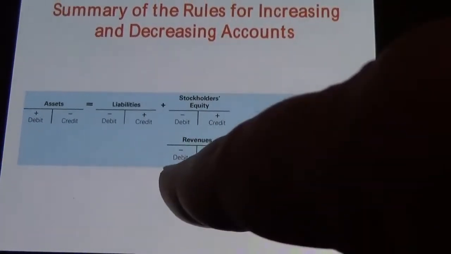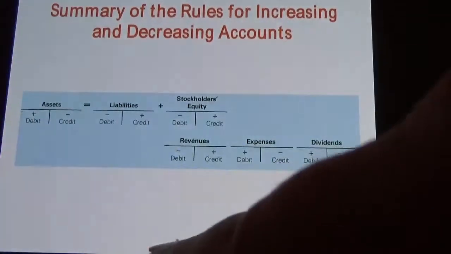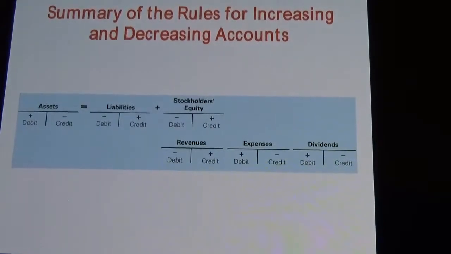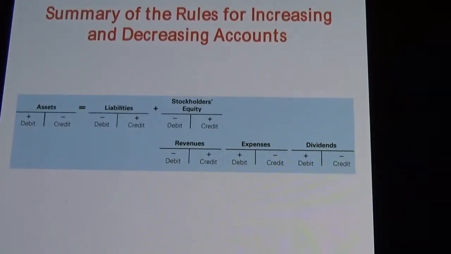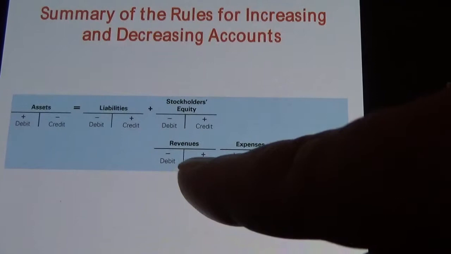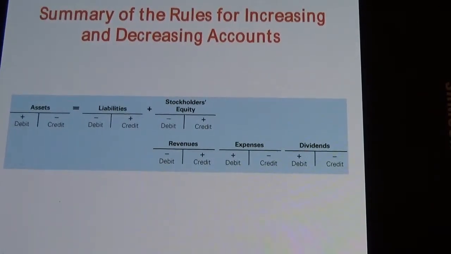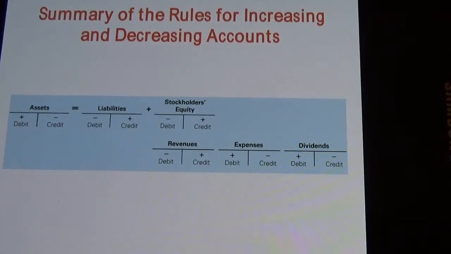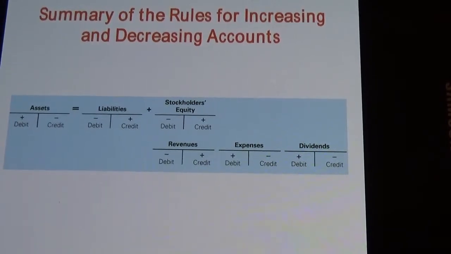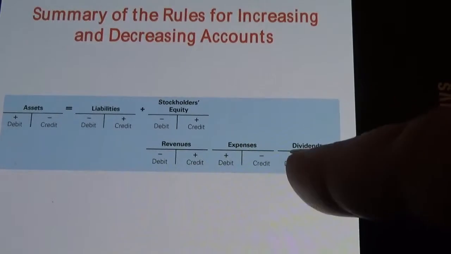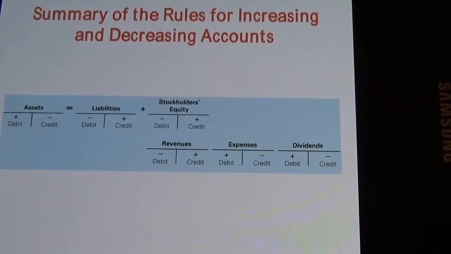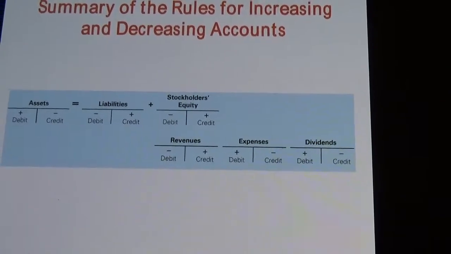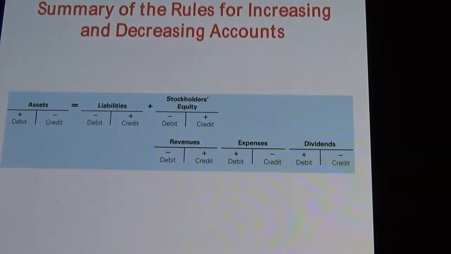So for example, revenues increase stockholders' equity, and therefore they behave consistently with stockholders' equity. If we generate a revenue, we're going to credit the revenue account, because it's eventually going to increase our stockholders' equity through the retained earnings account. Expenses and dividends, on the other hand, are going to decrease stockholders' equity, and if we want to decrease a stockholders' equity account, we have to debit it.